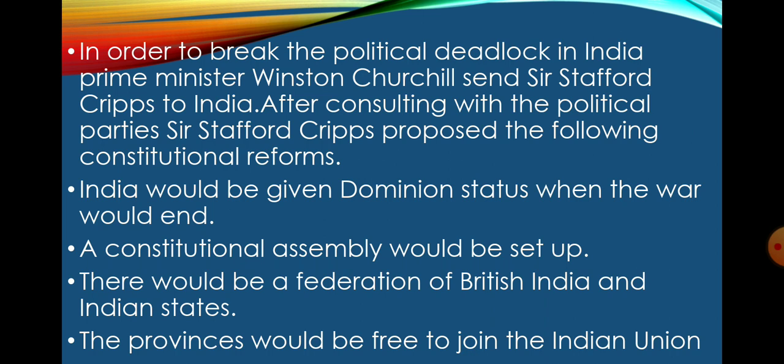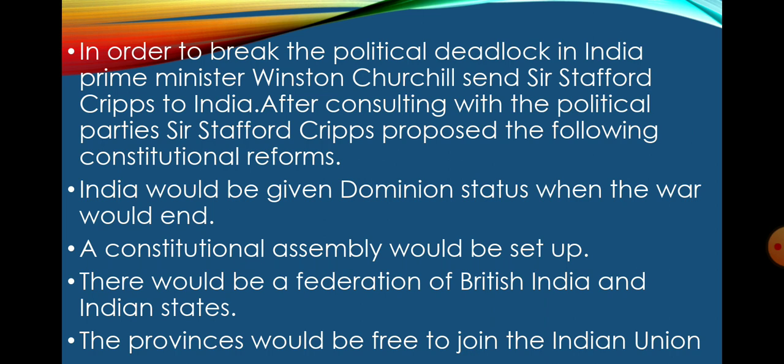The second promise given by Sir Stafford Cripps was that a constitutional assembly would be set up. This constitutional assembly would consist of Indian representatives. One of the main duties of the constitutional assembly is to frame a constitution for India.